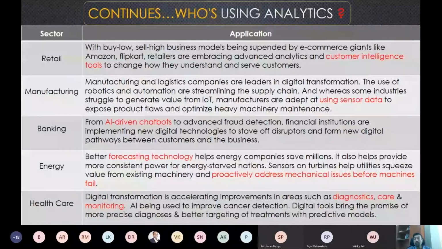Digital tools bring the promise of more precise diagnosis and better targeting of treatments for predictive models. I'll discuss in a little more detail in subsequent slides how we can use predictive models, and what should be the focus of predictive models when we apply them in the healthcare sector.